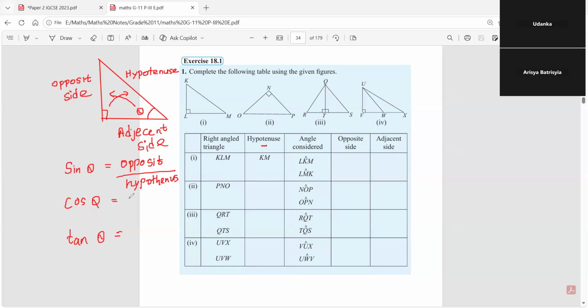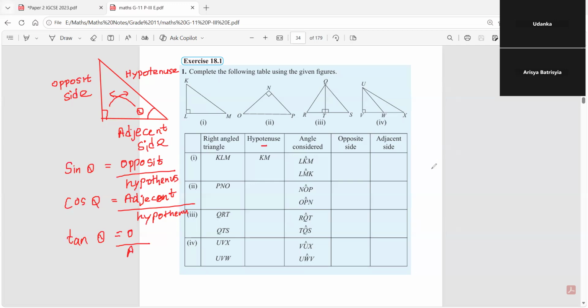It's called adjacent side over hypotenuse, A over H. And tan is opposite side over adjacent side.